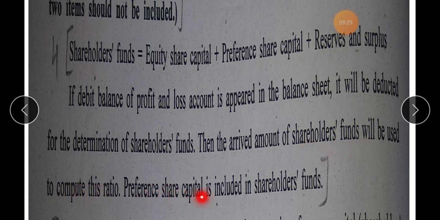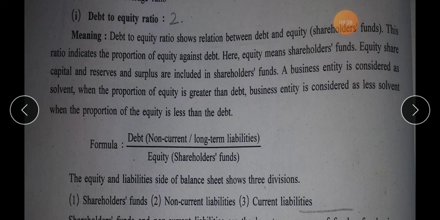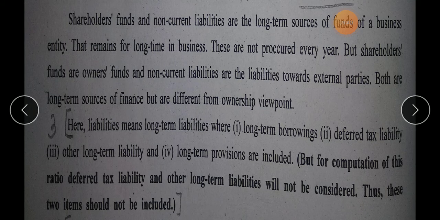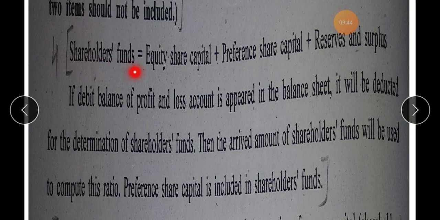Preference share capital is included in shareholders' funds. So as I said that we have understood the first portion of the formula, which says long-term liabilities, and for that you have to write down this point. And while understanding shareholders' funds, it says equity share and preference share capital plus reserves and surplus.